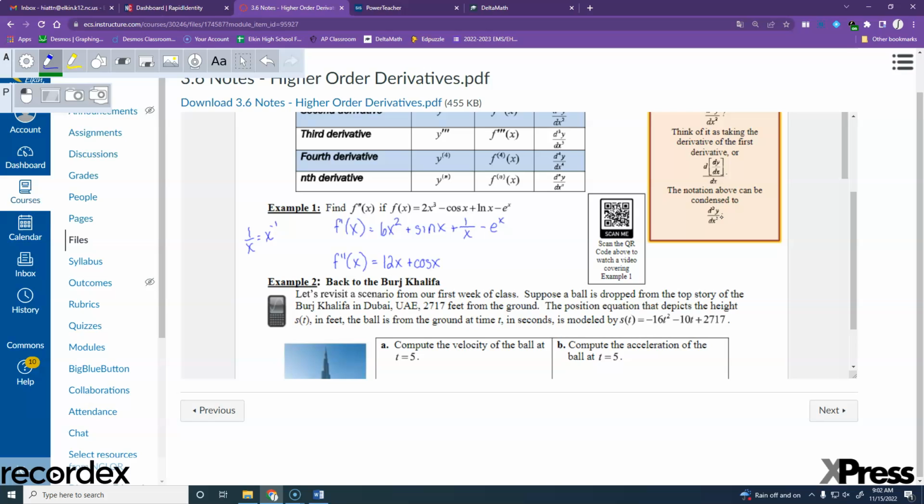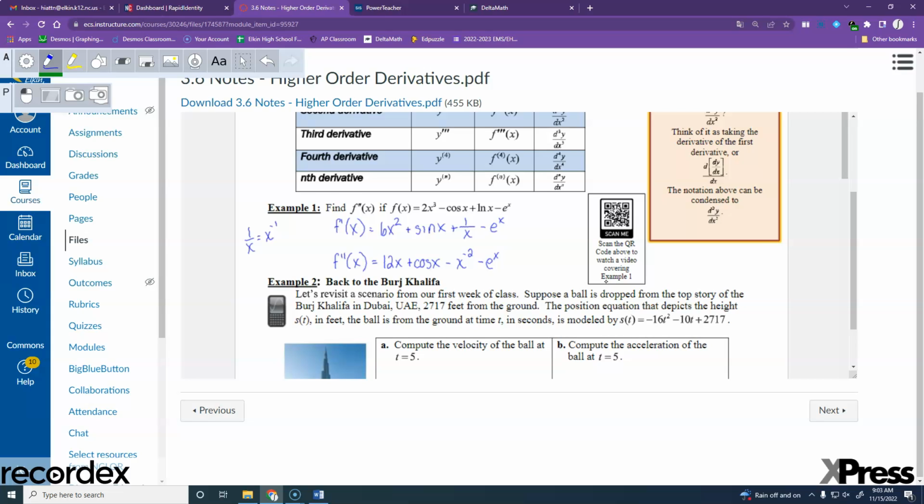So I would just use the power rule on that. So it'd be negative 1x to the negative 2 there. And then the derivative of e to the x would just be e to the x. They might write that negative x to the negative 2 as 1 over x squared, but this is your second derivative.